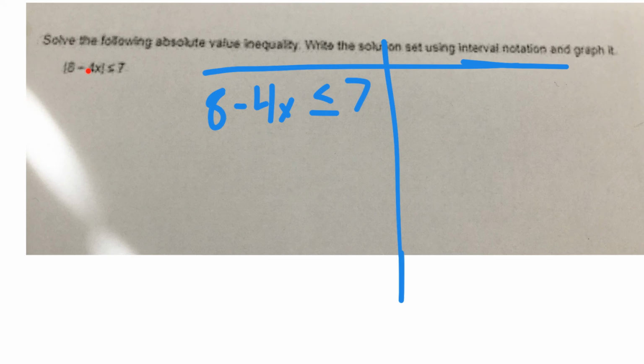So what could be underneath this absolute value? Well, it could be a 6, 5, 4, 3, 2, 1, 0, right? All that makes this true. Or it could be negative 1, negative 2, negative 3, negative 4, negative 5, negative 6, or stuff in between them, right? So what's underneath the absolute value then?